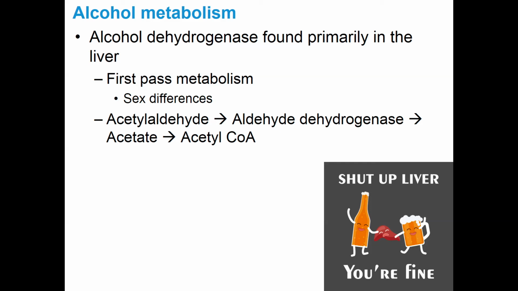So the acetate leaves the liver and dumps into the circulatory system, at which point in the peripheral tissue, in places like muscle tissue, it's going to be converted into acetyl-CoA, and then acetyl-CoA is broken down, as we'll talk about in the next chapter, in the citric acid or Krebs cycle.